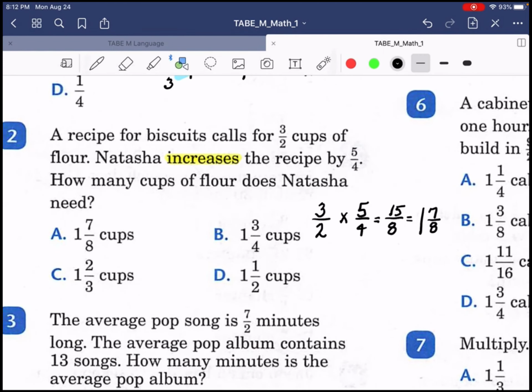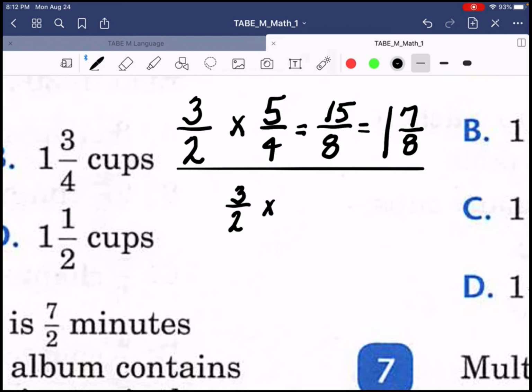And then again, I'm going to show you how to cancel here, if it's possible to cancel. Remember, not in every problem can you cancel; sometimes you can and sometimes you can't. This one, you can't. 2 and 5 will not cancel, nor will 3 and 4.